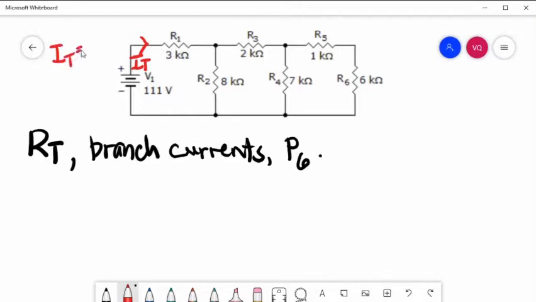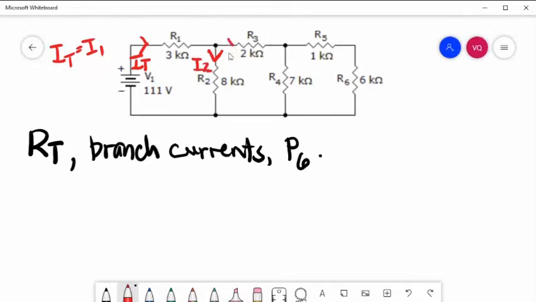So total current is equal to I1. Then this current will split into two: this branch R2 and the rest of this branch. You have a downward direction of current here, and since this is R2, we'll call it I2.